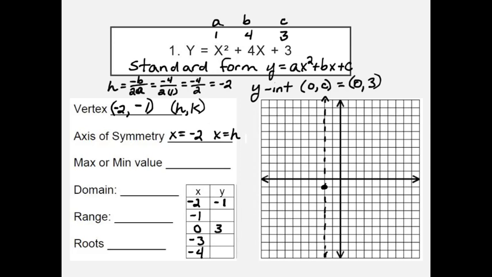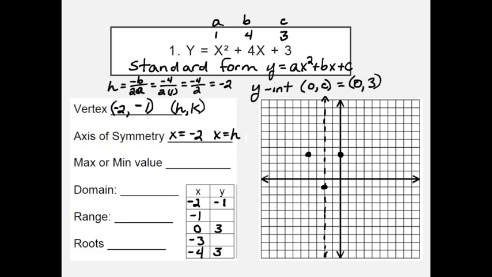So I can go up and put on my graph 0, 1, 2, 3 and put a point right here at 0, 3. Now because that's an axis of symmetry, if I have a point 2 spaces to the right of the axis, then 2 spaces to the left I have a mirror image point. So I also know that there's a point at -4, 3. Okay, so I can go ahead and put that in the table, and you need to fill in the table. If there's a table there, you need to fill it in.